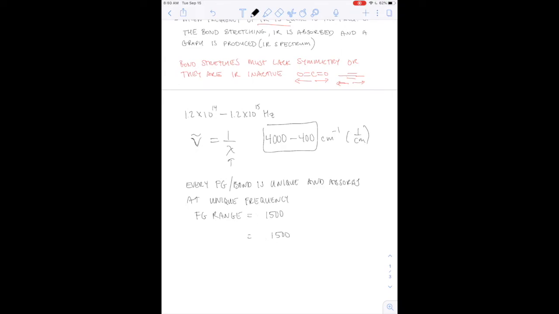Yeah, I guess I should switch that. I don't like these darn greater than, less than signs right now. They're making me angry. All right, so the functional group range would be greater than or equal to 1,500, while anything that's less than 1,500 is something called the fingerprint range.